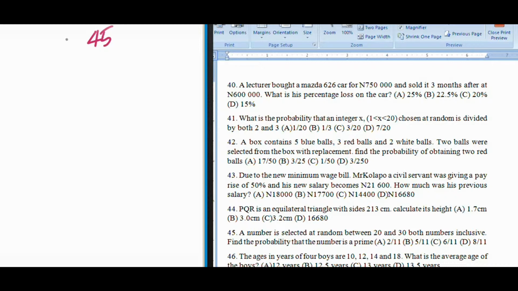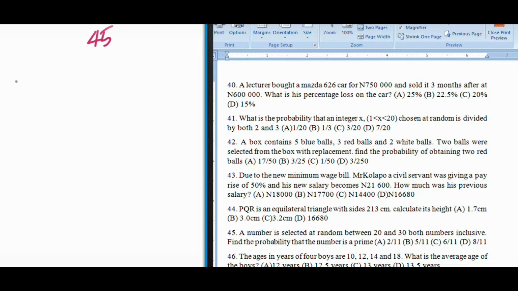What is a prime number? A prime number is a number that can only be divided by itself and 1. You will discover that the first prime number as you move from 20 towards 30 is 23. The next one is 29. So between 20 and 30, both inclusive, there are two prime numbers.